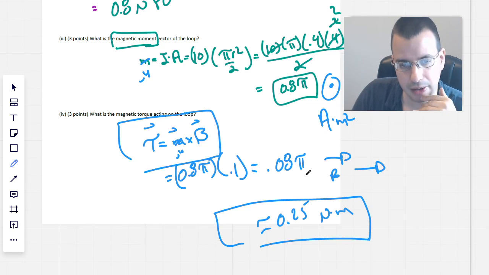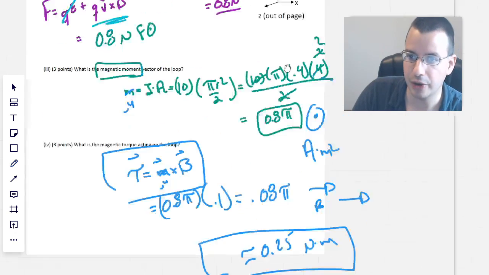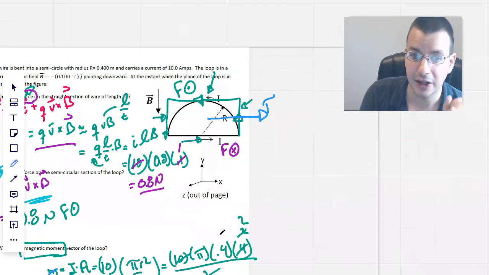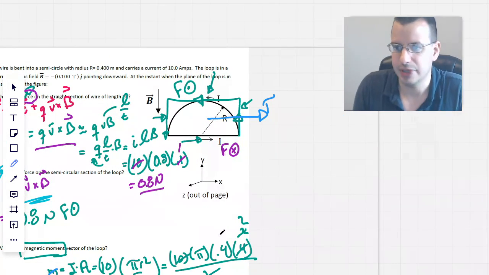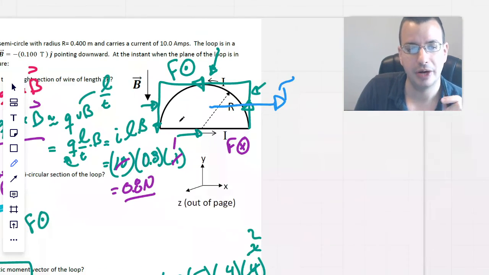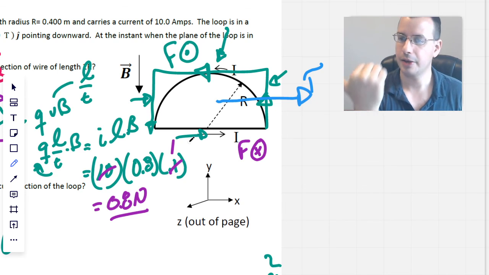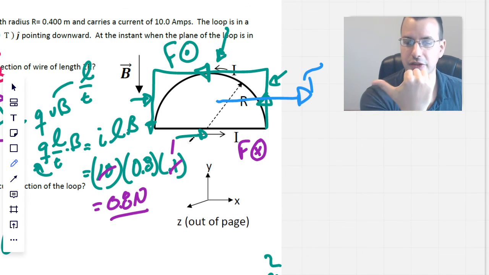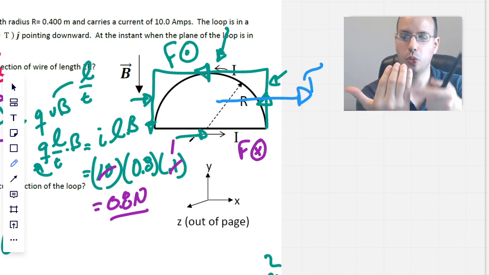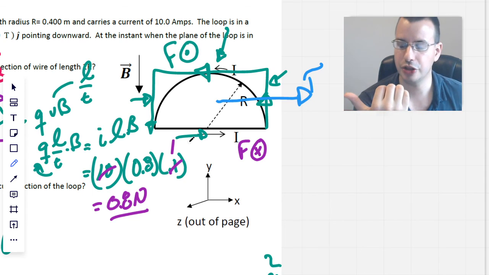One other thing, because even though now we know that the torque is to the right, intuitively that means nothing to me. But what it's saying is, if you use the right-hand rule, place your thumb along the direction of the torque, the wire will spin the direction that your fingers are wrapped.